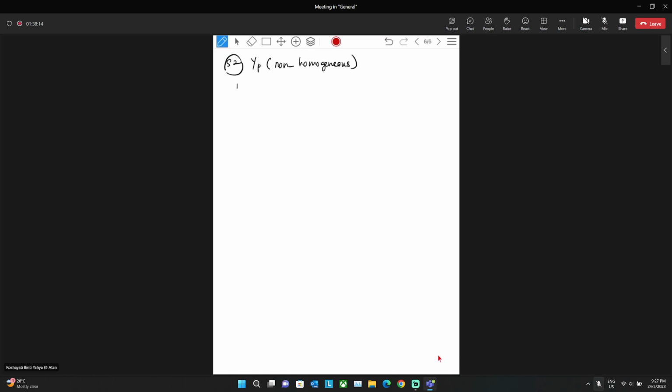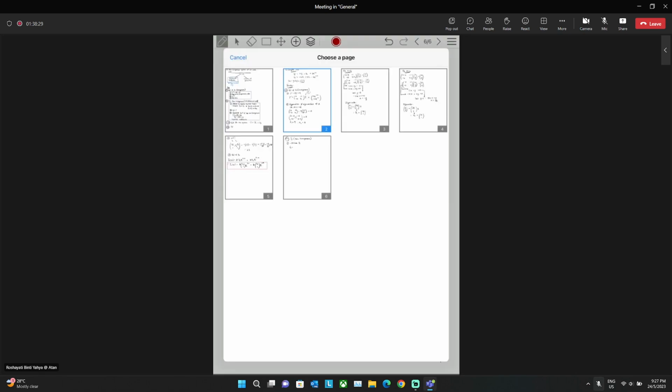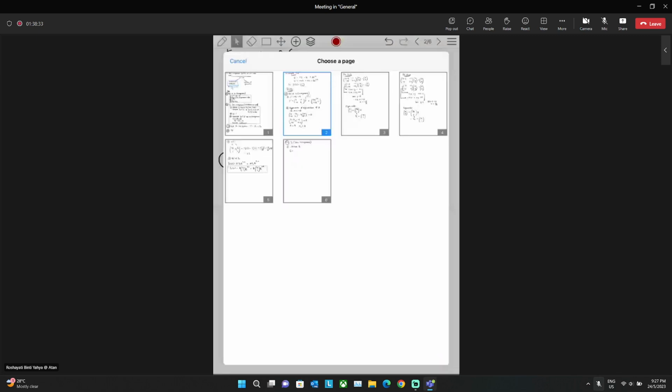Okay, step number 1, you need to assume YP. So check your G. G equal to your G here. You have exponential.